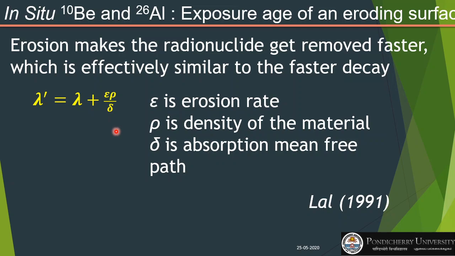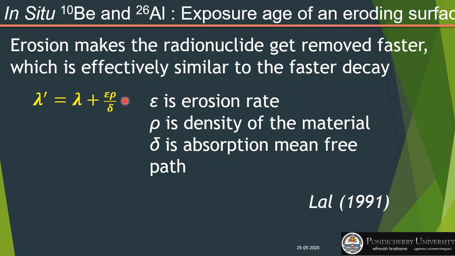And delta is the absorption mean free path, which can be in units of gram per centimeter square. If you look at the units, epsilon is centimeter per year, rho is gram per centimeter cube, so it means gram per centimeter square per year, and here it is gram per centimeter square. So they cancel out and you have a unit of per year, which is the unit of lambda.